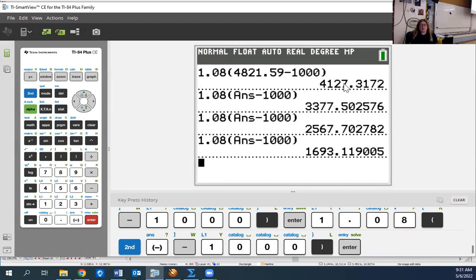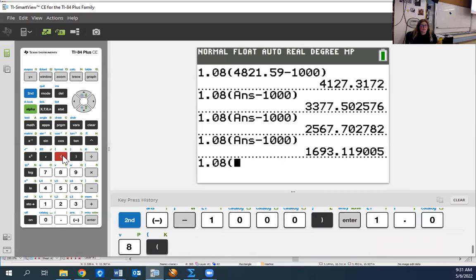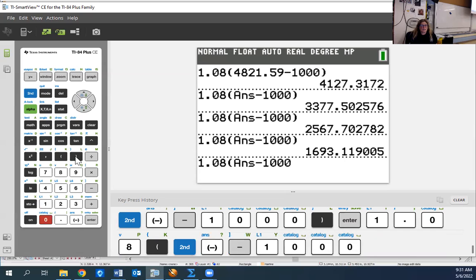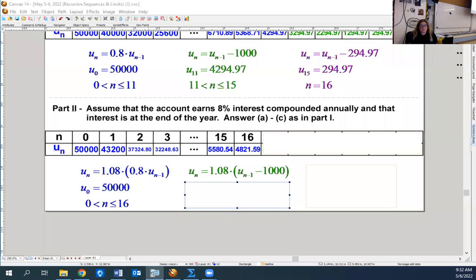It's taken me 1, 2, 3, 4. I'm almost there. It looks like the next one's probably going to be when we get below 1,000. Let's see, did we do it? Yes. So it took us 1, 2, 3, 4, 5 years. Took us 5 years to get below 1,000.